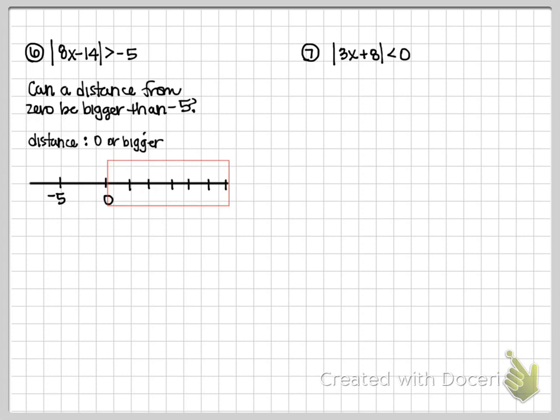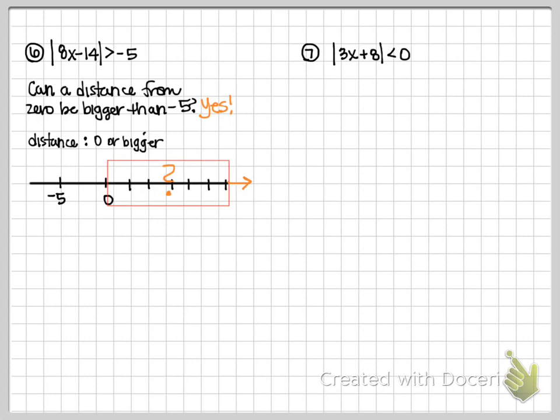The question is how many of them are there? Well, all of the positive numbers are bigger than negative 5, and 0 is bigger than negative 5. So I guess the question is how many numbers are in there? There's an infinite amount of numbers in there, because remember, this is just going to keep going on to the right. So I don't have a graph for this.